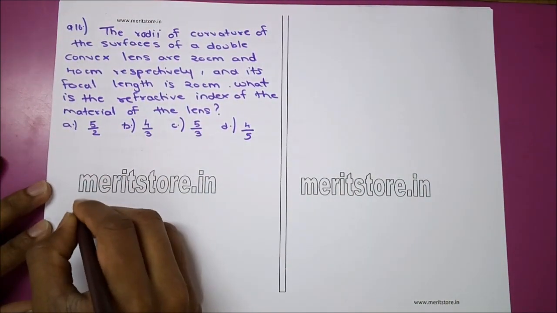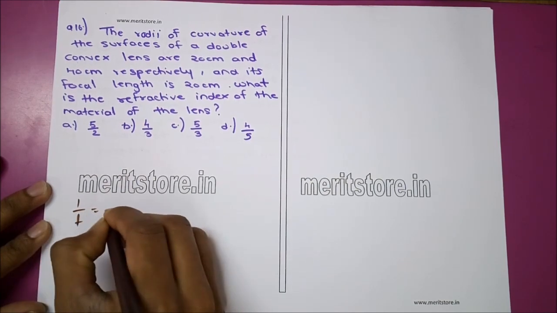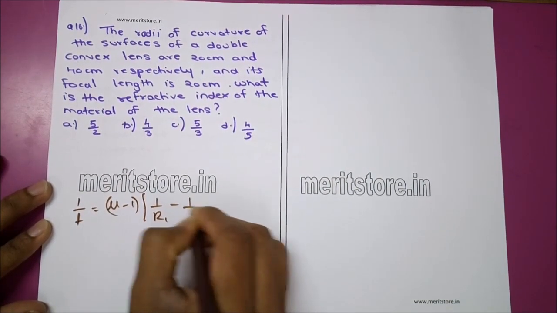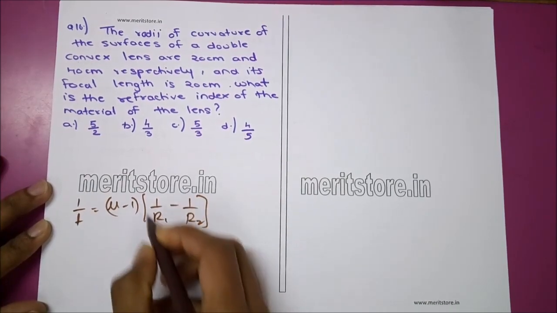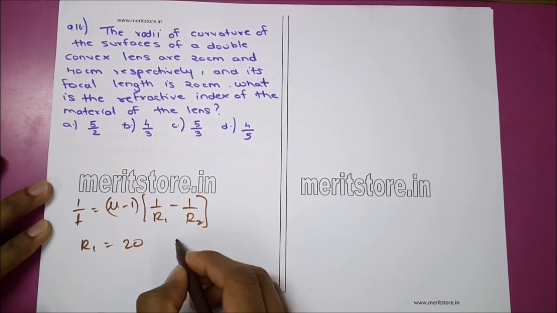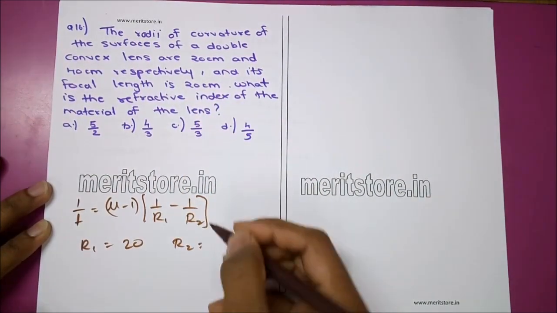Now using the lens maker's formula, 1 by f is equal to mu minus 1 times 1 upon R1 minus 1 upon R2. The value of R1 is 20 centimeters as given, and the value of R2 is 40 centimeters.